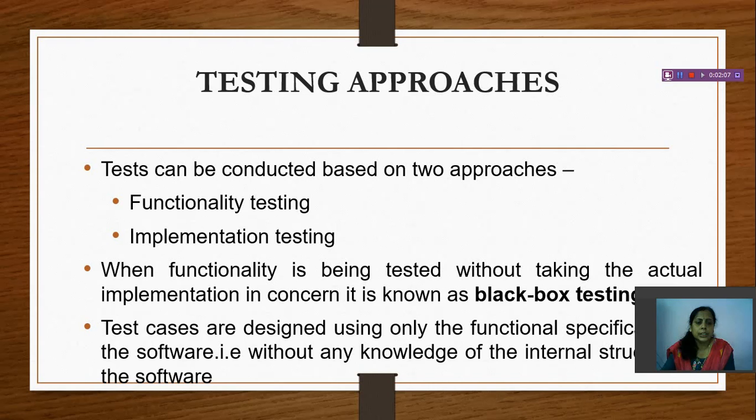The test cases are designed using only the functional specification of the software, that is, without any knowledge of the internal structure of the software. That is known as black box testing. It only tests the functionality of the software without the knowledge of internal structure.